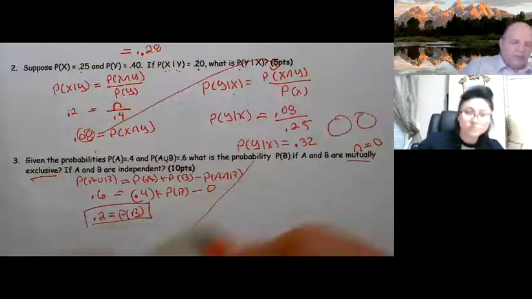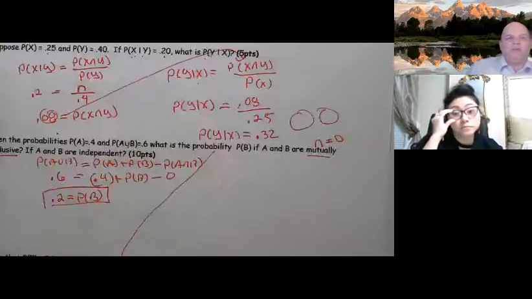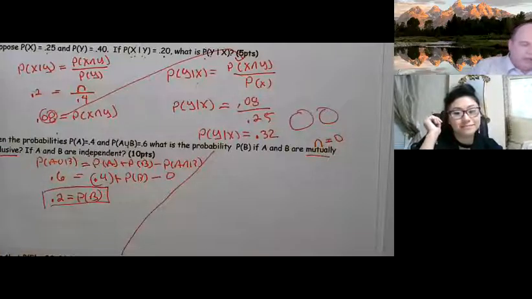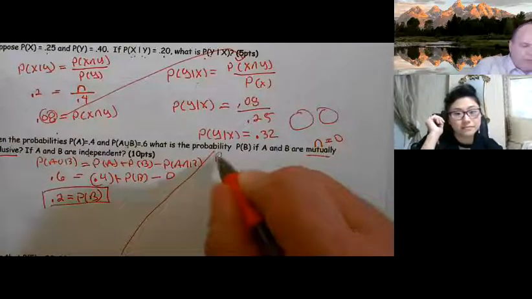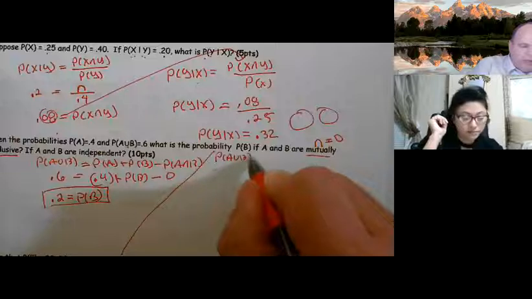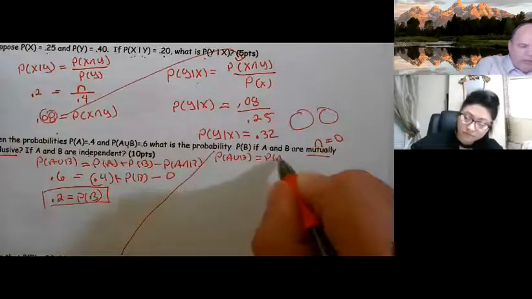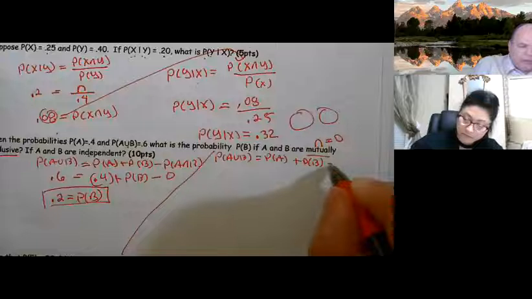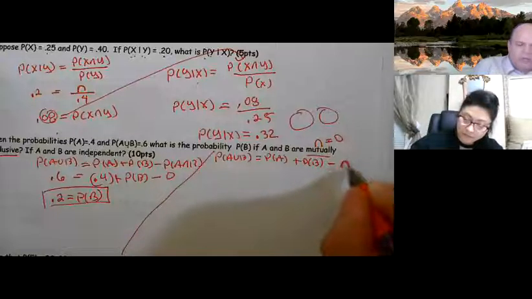Guess what? Can't leave it well alone. We also have to do what if they're independent. So once again, the probability of A union B equals the probability of A plus the probability of B minus, and I'm just going to put the intersection symbol right here.